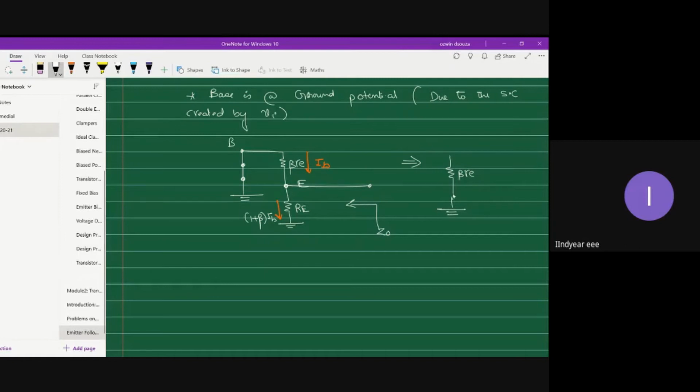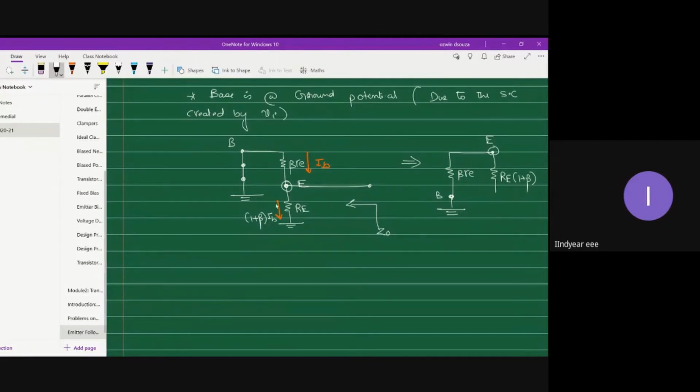This is basically my base terminal, and let me take this as the emitter terminal. To this emitter terminal, RE is connected, and that RE we shall take as RE times 1 plus beta, simply because we are trying to replace this RE with the same entity as IB.